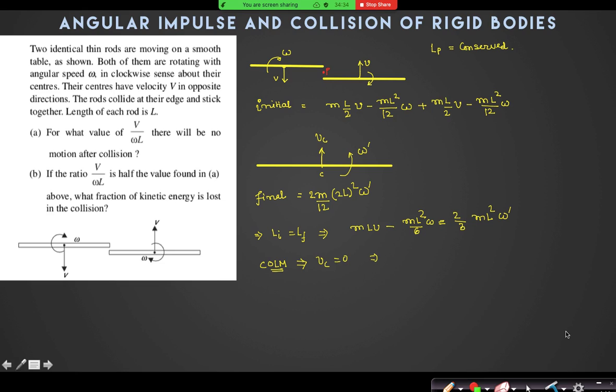If there is no motion, omega prime should also be 0, and that gives v by L omega equal to 1 by 6. Have we got the answer to the first question? Yes or no?